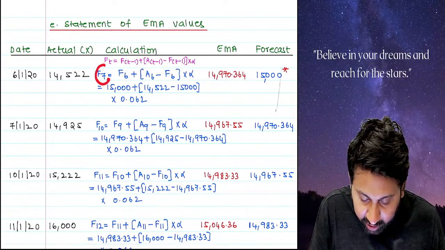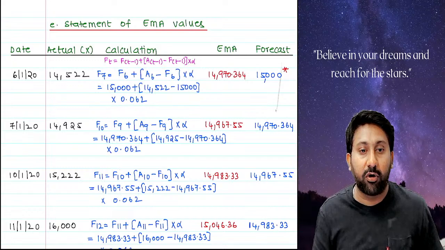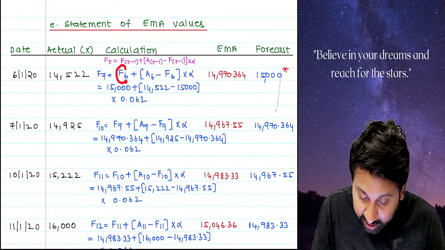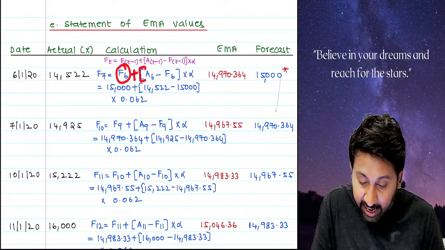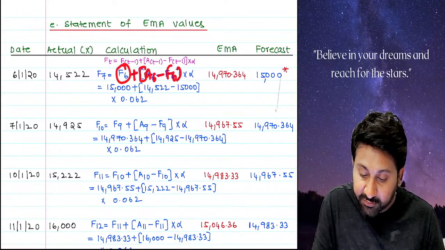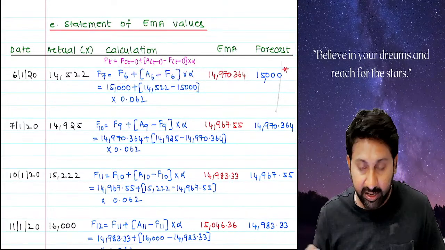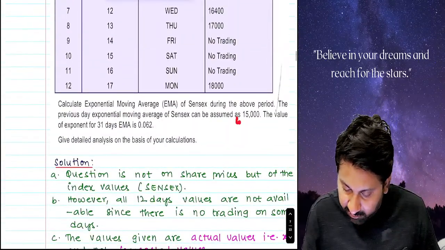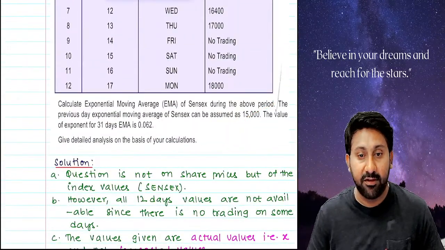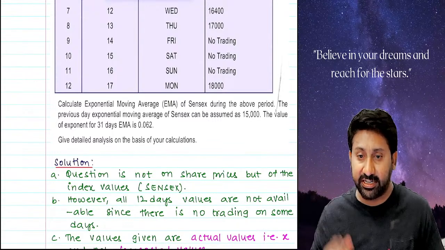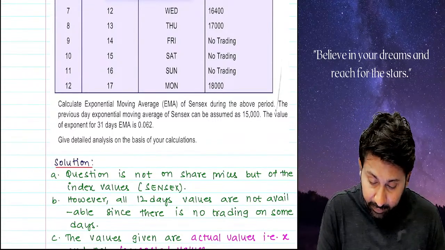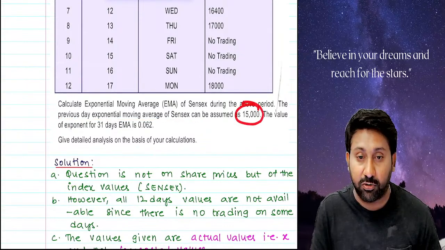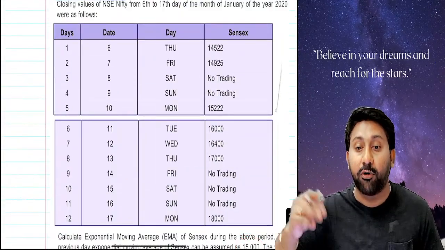We want the forecast of 7. Forecast of 7 will be dependent on forecast of 6 plus actual of 6 minus forecast of 6, into alpha. See there, forecast of 6. He has clearly said forecast of 6 is assumed to be 15,000. Question arises: sir, he said previous day exponential moving average is 15,000, where did he say that it is the forecast?